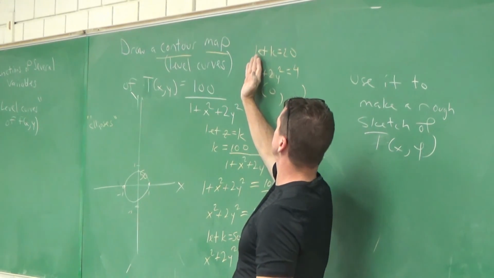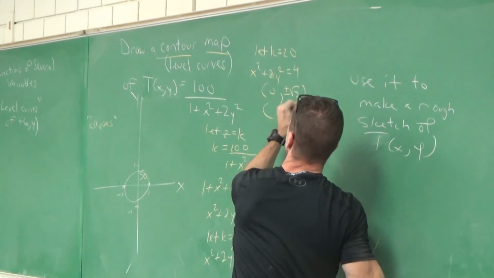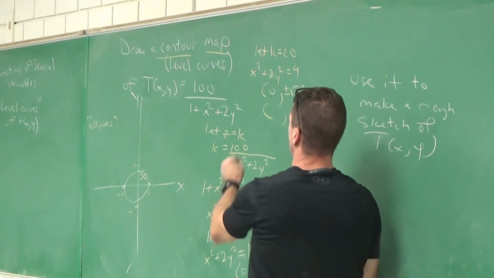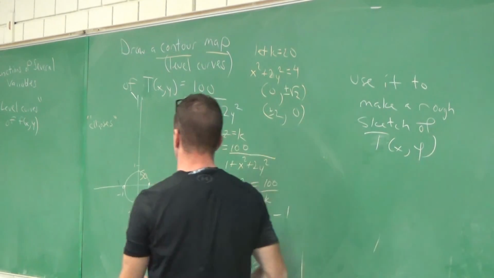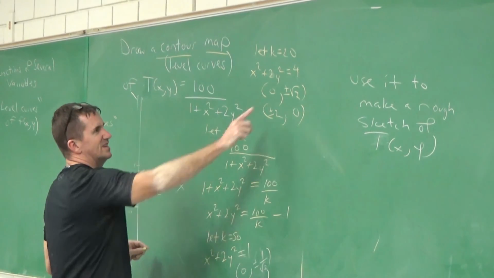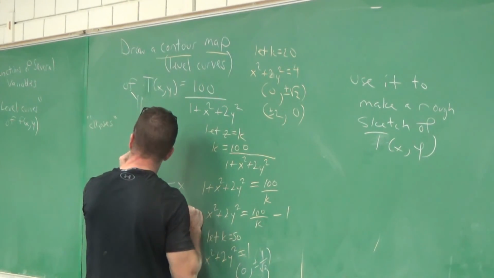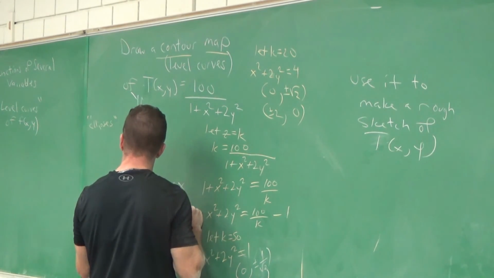Plus or minus root 2. What's going on at y equals 0? Plus or minus 2. And root 2 is about 1.4, so 1.4 would be about right here, and negative 1.4 right there.